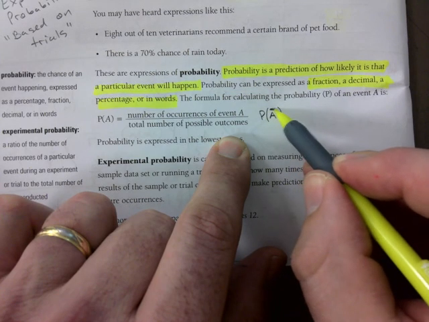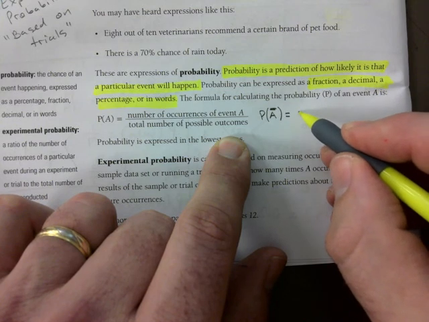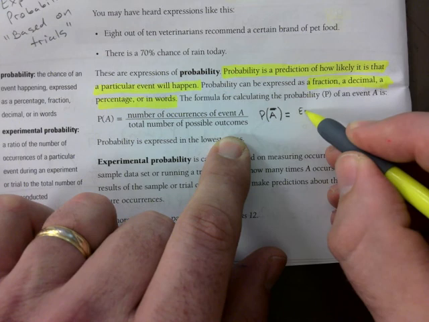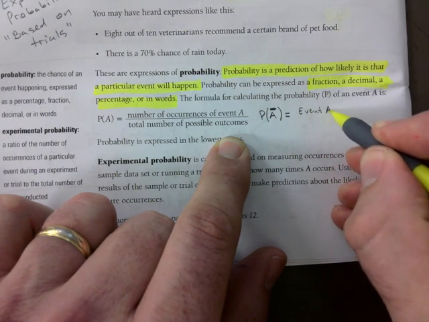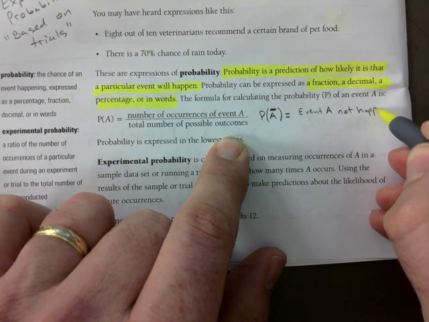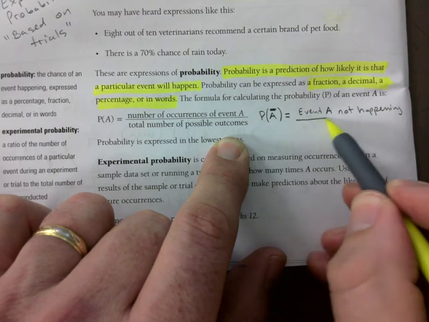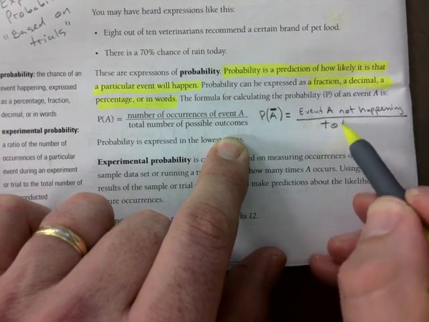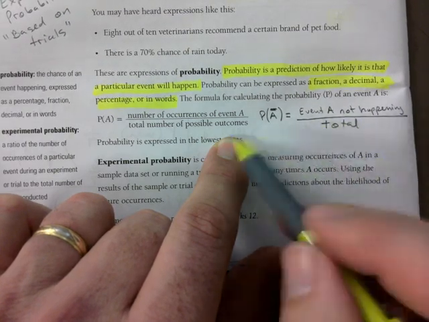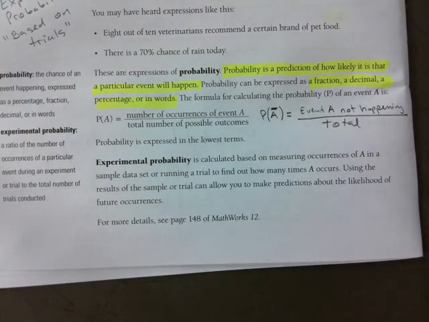Probability of that event not happening, okay? Event A not happening over the total. So both of these are equally important, and you need to always keep them both in mind.